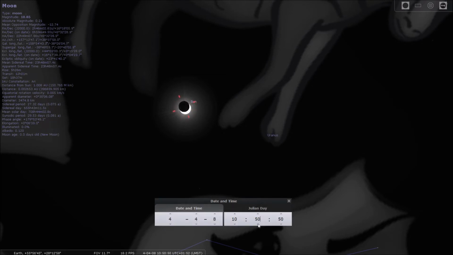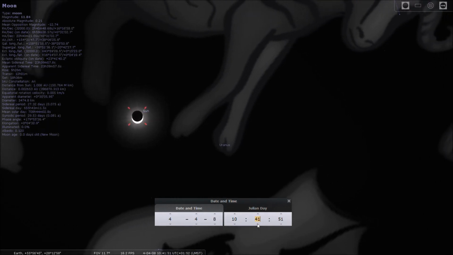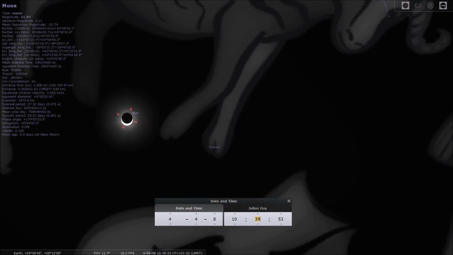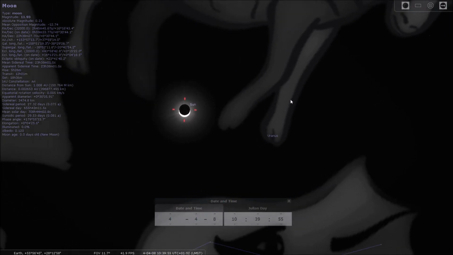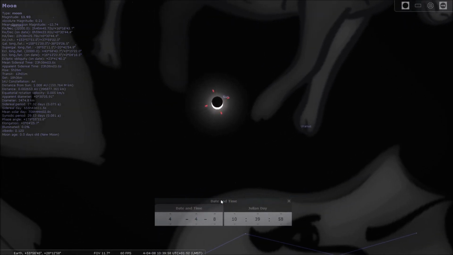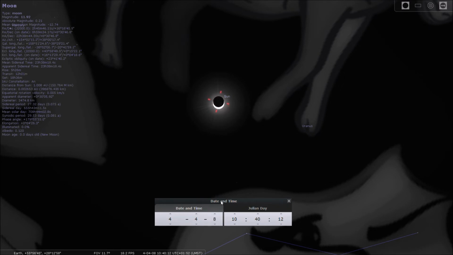And let me go back. Yeah, right around there. Look at that. And yes, I already knew this in advance. It's a total solar eclipse on this day, way back in 4 AD, on the 8th of April.